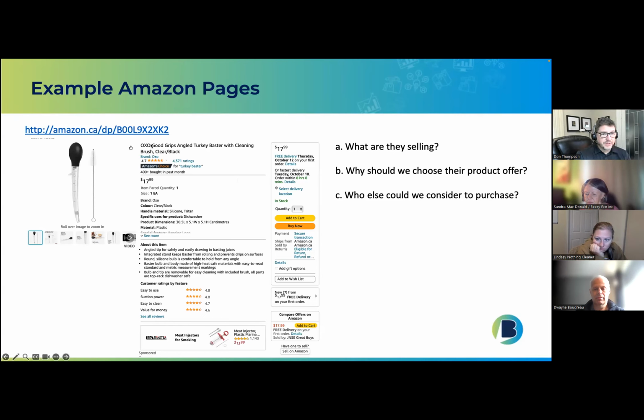Now, what's interesting about this is you'll notice their title is pretty short. Their bullets pretty short, right? And the reason they can do this is because of that. The brand.